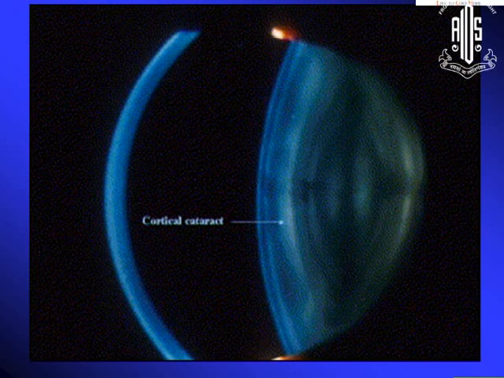Sometimes you can also get the adolescent nucleus, which is between the adult and the fetal nucleus. So these are various depths that you can judge with the position of the nucleus, and then you can judge where the opacity is, its location, and what type of opacities you are seeing.